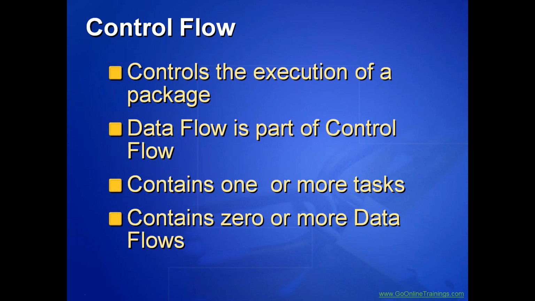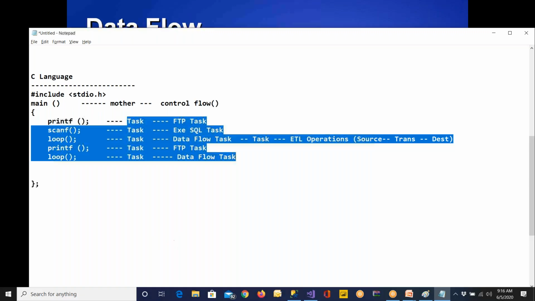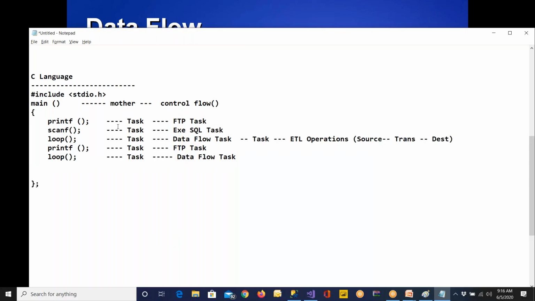So that is what a control flow is going to be doing. And the control flow has a lot of other things also. It has tasks. It also has a container. What is a container? We'll discuss. And it will have a precedence constraint as well. Now we know that control flow contains a lot of tasks. It also contains what is called a container.